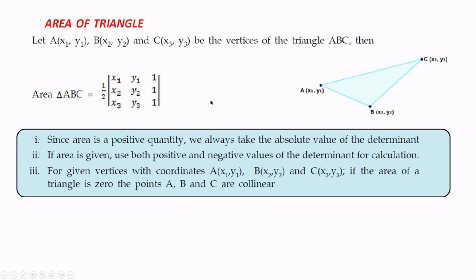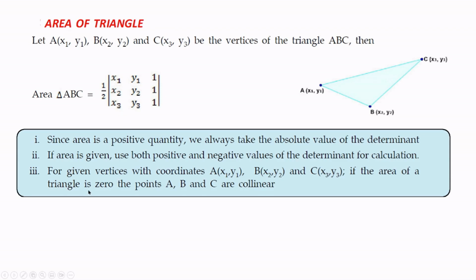Next we have the formula of area of triangle using determinants. If we have a triangle ABC with vertices x1, y1, x2, y2 and x3, y3, then the area of this triangle is given by half of determinant x1, y1, 1, x2, y2, 1, x3, y3, 1. Here if we get a negative value, we can take the absolute value of the determinant since area is a positive quantity.